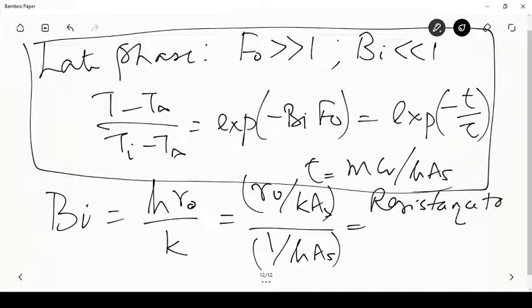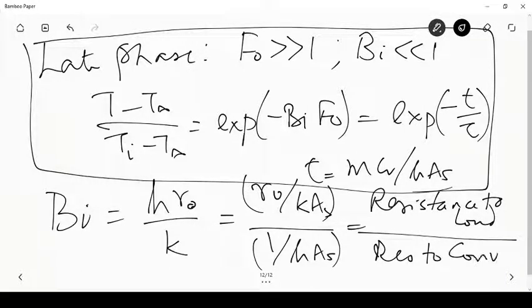So this is nothing but resistance to conduction, and the one below is resistance to convection. This resistance to convection is happening at the surface, whereas the resistance to conduction is happening inside the body. And when this is much less than 1, it means that the resistance offered to conduction is much smaller than the resistance to convection.